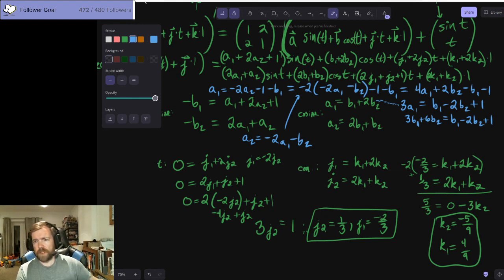At this point, we want to keep all those things separate. We don't want to deal with any more A2s. Now we're just down to B1s and B2s. But at the same time, now if we plug in pretty much anything, it's going to get in terms of A's again. 2B1 is equal to negative 8B2 plus 1.